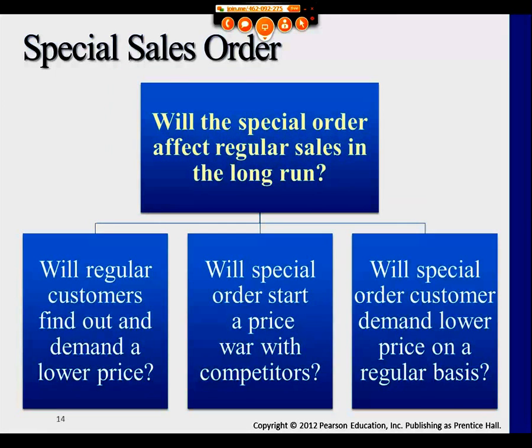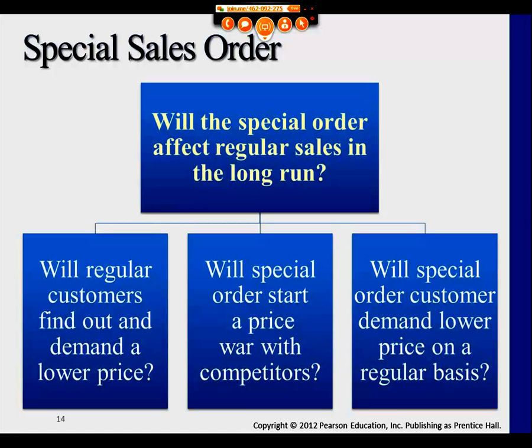Okay, will the special order affect regular sales in the long run? Here we'll have to split it into other questions. Will regular customers find out and demand the lower price? We have to understand that because we can get some customers very upset. Will special orders start a price war with competitors?